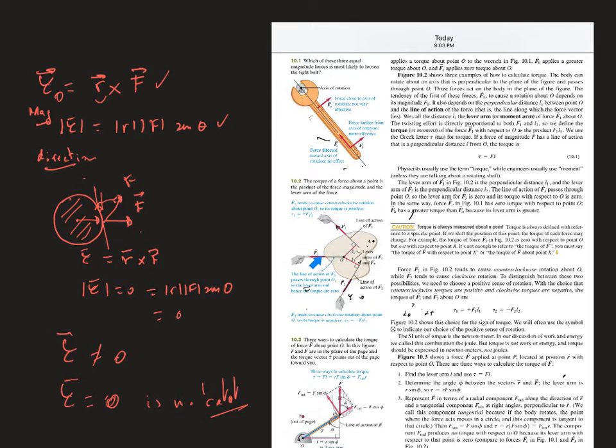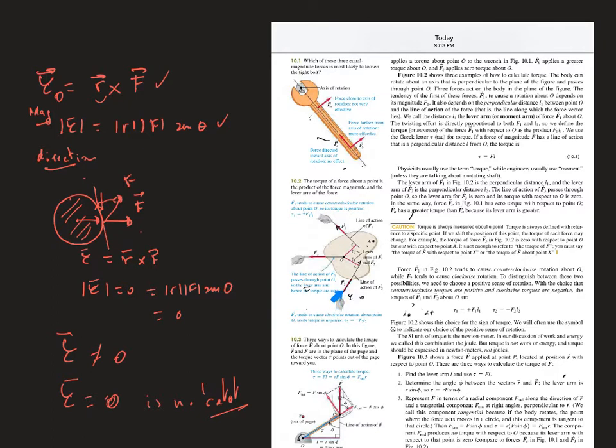This force, for example, will not create any torque because R and the force are parallel, so sine of 0 will be 0.